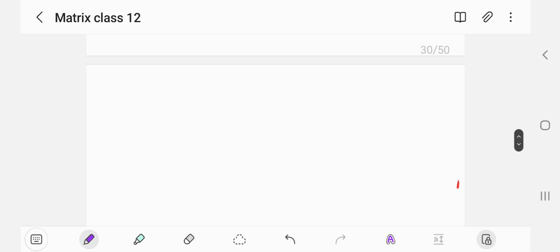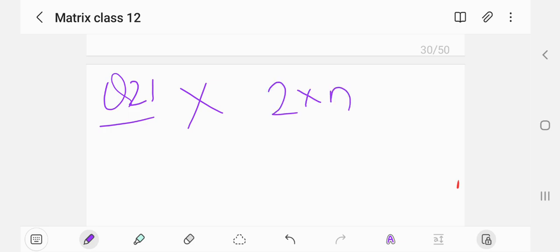Now question number 21. First of all, write down what is the order of each matrix given to us.